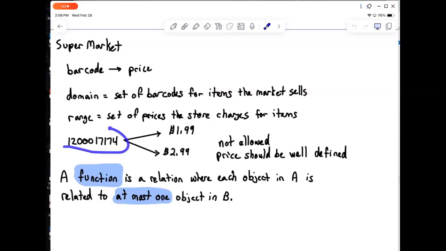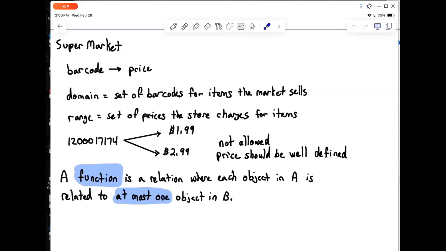And so that barcode should produce an individual price, right? It should always produce that price. Unless the function that the supermarket's using, in other words, they've changed prices. So they're using a new function, then it should again reliably produce only that one price though. So it needs to be well defined. There shouldn't be any wiggle room there. And so we make that definition the one for a function.